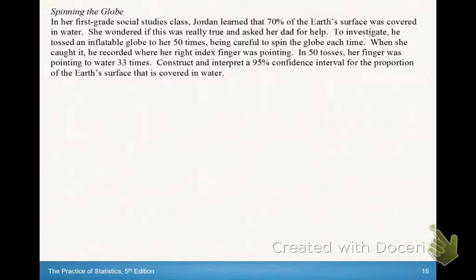Okay, so our first step is that we want to state what we're trying to find.